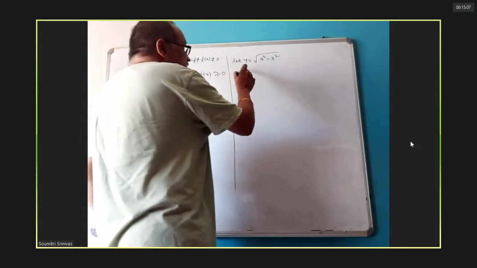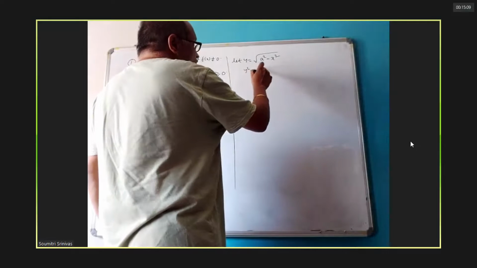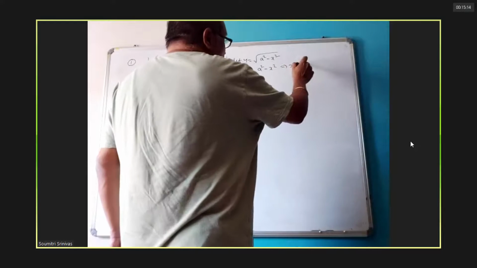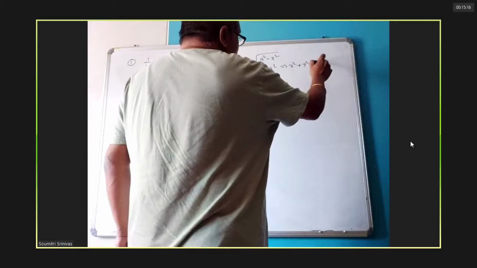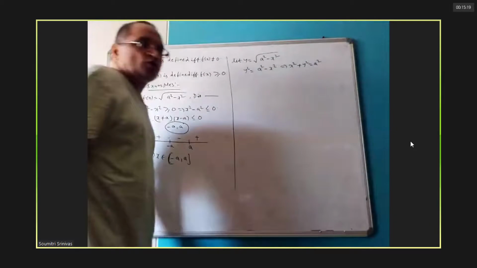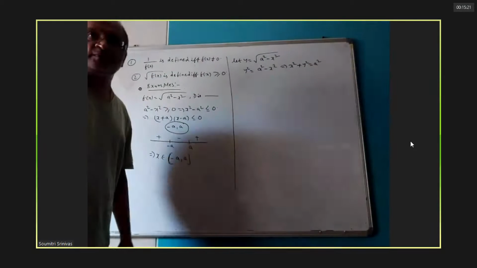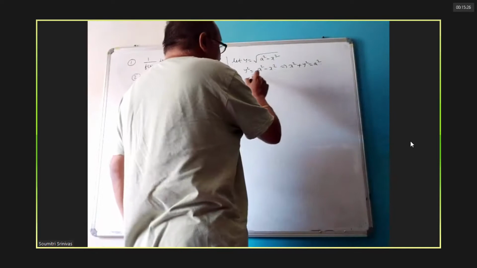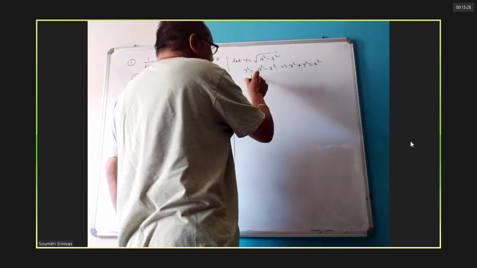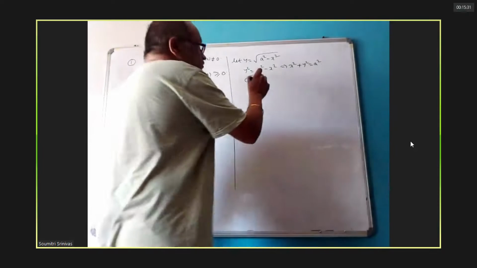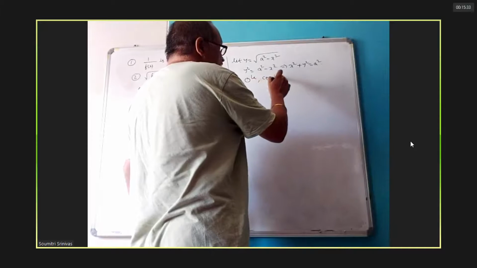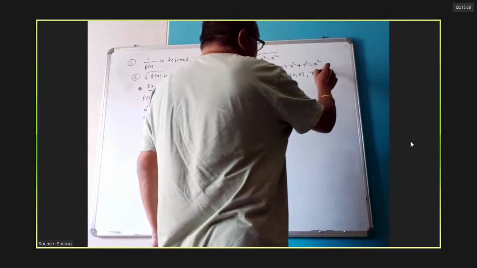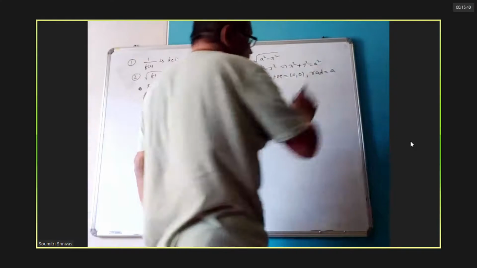What will I get? y square is equal to a square minus x square, which will give you x square plus y square is equal to a square. लोकस चैप्टर में मैंने सिखाया, मैंने बताया. What does this represent? Circle. What's the center? 0,0. Center 0,0, radius a.